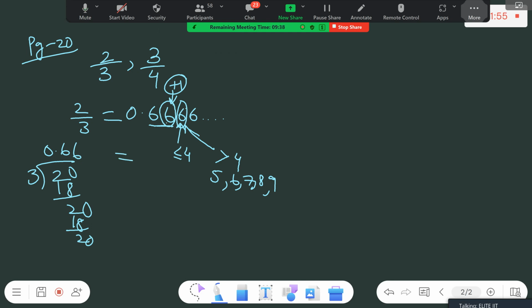Here the digit is 6, which is greater than 4, so we will write 0.67. Clear everyone how to round off?